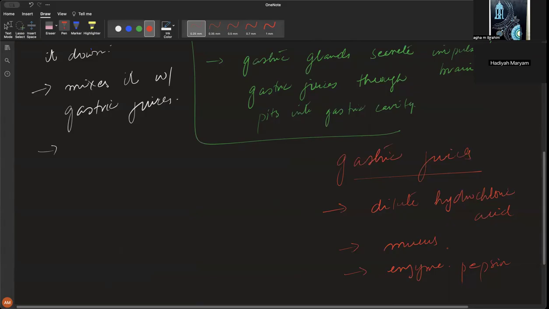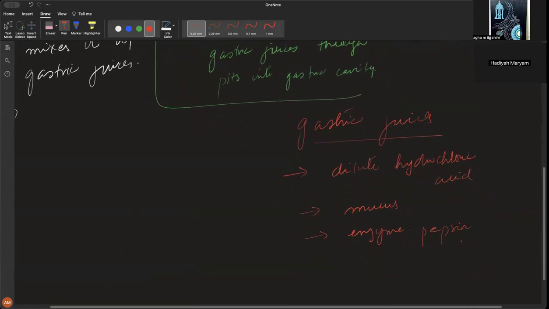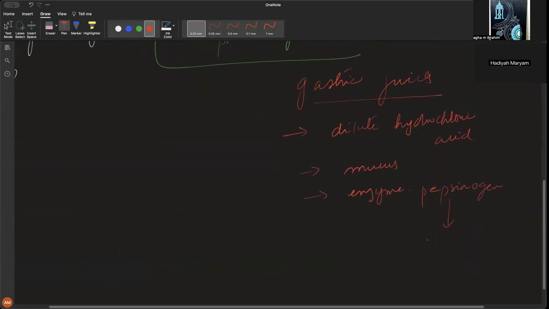Basically, the enzyme pepsinogen gets activated into pepsin in the presence of hydrochloric acid.